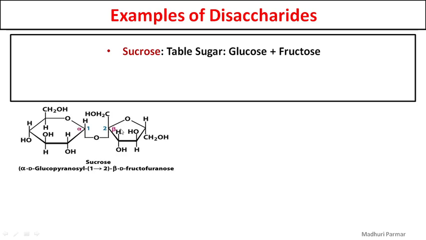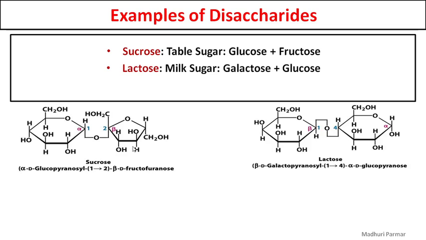And this furanose ring is of beta type, which means the OH will be present at the bottom. So these carbons 1 and 2 are forming a glycosidic bond. Here is the oxygen atom. So this is how sucrose molecule is made. It has one glucose and one fructose.